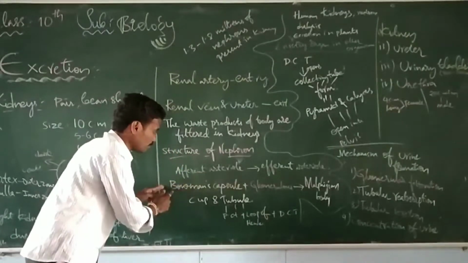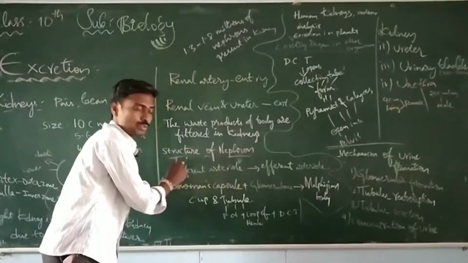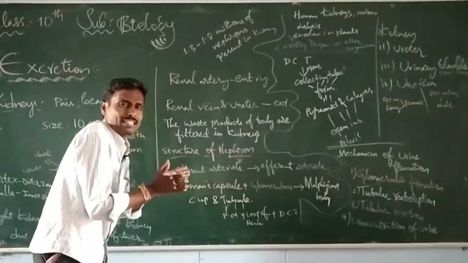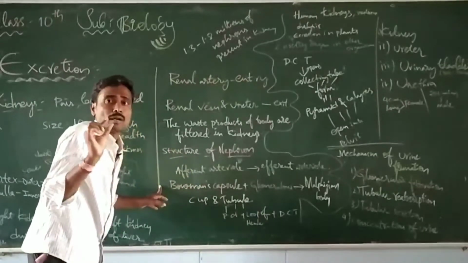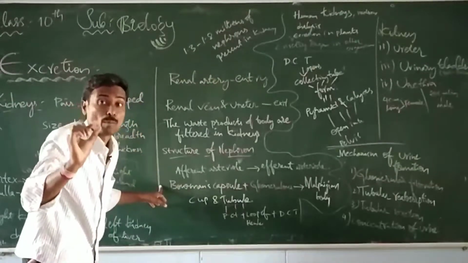Listen to me carefully here. Inside the Bowman's capsule we observe division and redivision of the afferent arteriole, so finally it forms a bunch of blood capillaries, called the glomerulus.